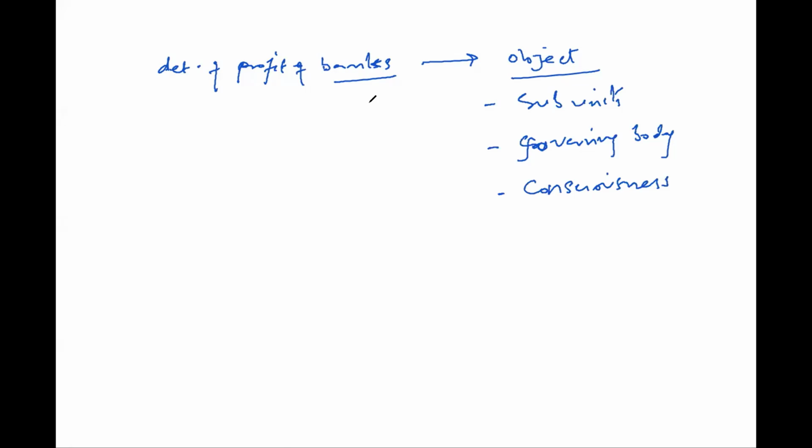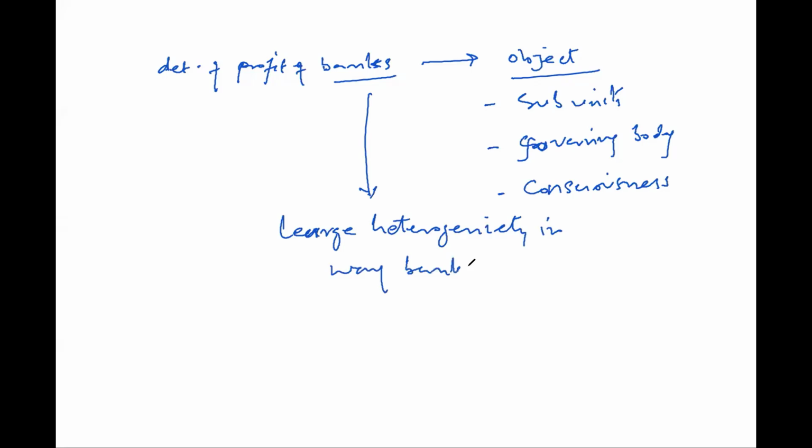So it means there will be a large heterogeneity in the way banks perform. The reasons can be many. The first reason can be size differences. Large banks might perform differently than small banks. The second can be domestic versus foreign banks.